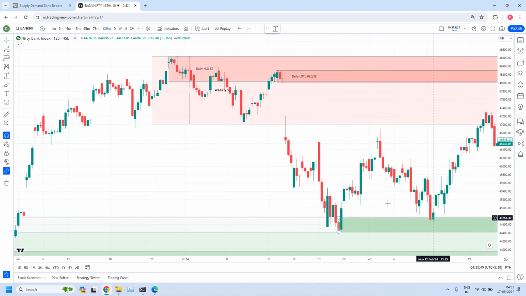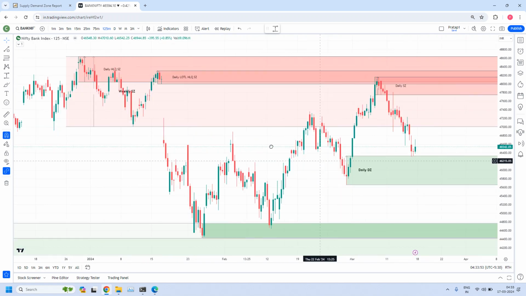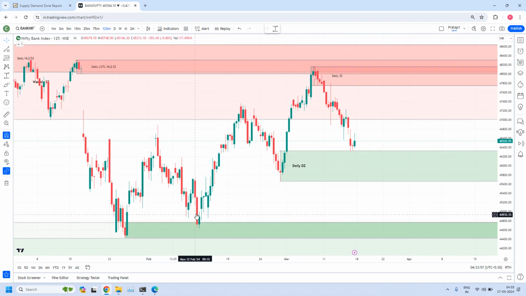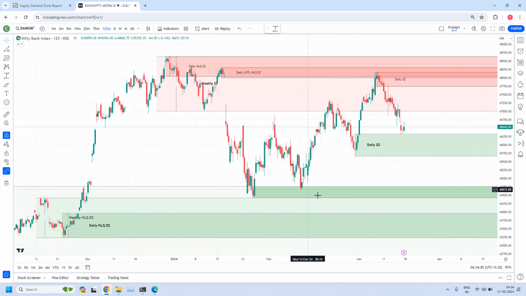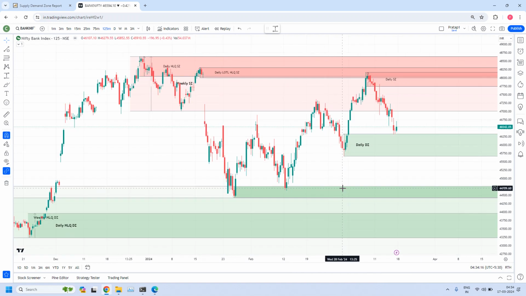But this is already tested once. It doesn't matter. It is a high liquidity zone. A high liquidity zone should support multiple trades. See how the zone is created. Drop, base, again rally candle. LOTL. So institutions are keeping this area very strong. They are not letting the prices come up to the daily high liquidity demand zone.